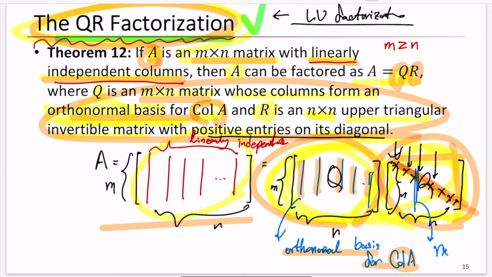If n is greater than m, it's not possible to have linearly independent columns. This is one of the constraints.